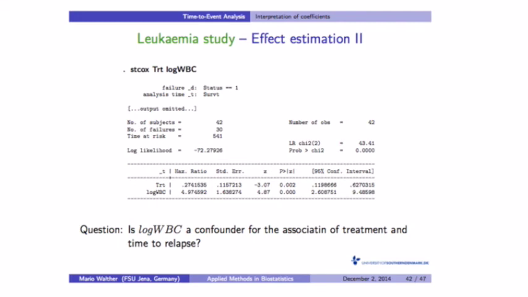Here's the hazard rate ratio for the treatment group adjusted for the logarithm of white blood count cells. So the hazard rate ratio in the treatment group is about 0.27. And what you can deduce is that the treatment group has a better time to event experience compared to the placebo group, adjusted for the logarithm of white blood count cells.